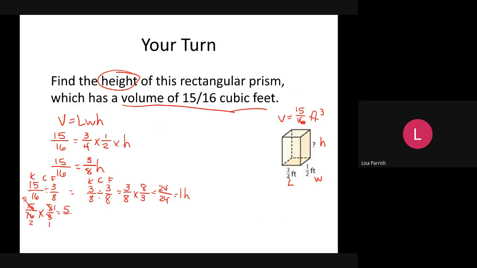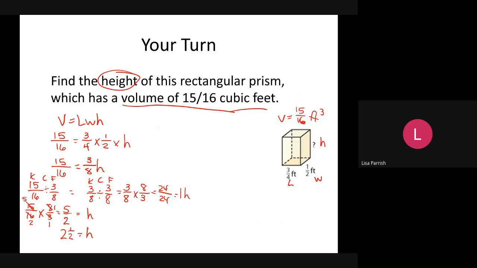You get 5/2. So it gets kind of complicated, okay? You have 5/2 is equal to h, because 1h is the same as h. That converts: 2 goes into 5 2 times with 1 left over. You get 2.5. So that's a lot of work.